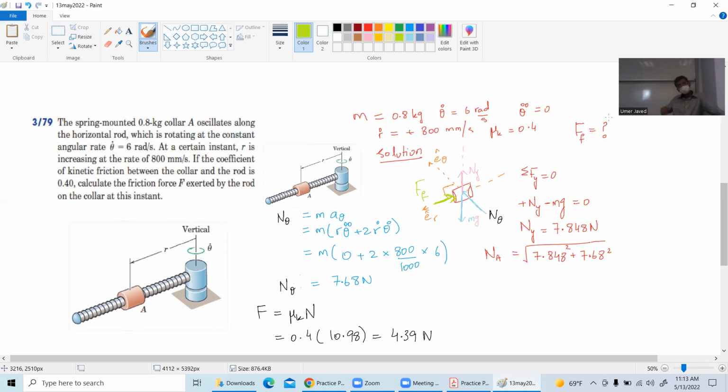So therefore, our answer will be changing. No, everything is fine. Yeah, absolutely. Seems correct. R and theta should be 90 degrees to each other.